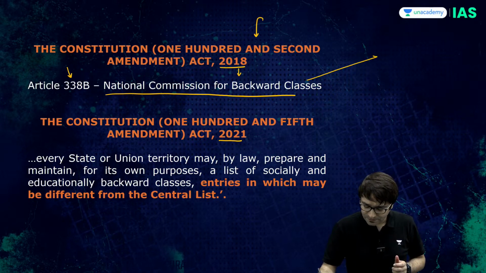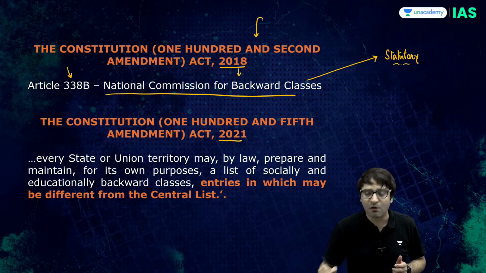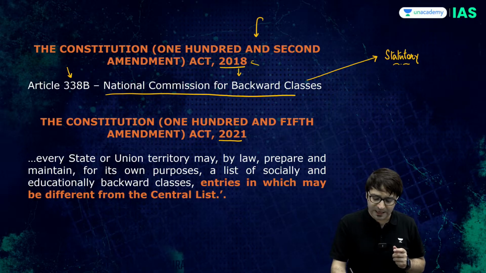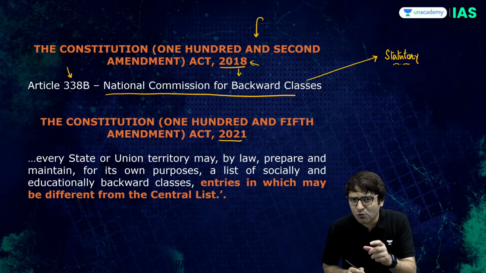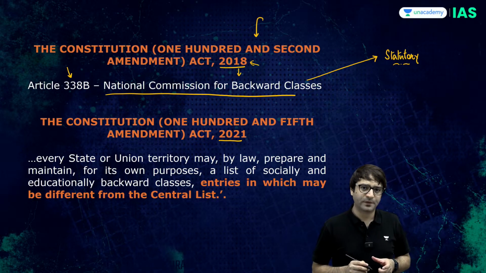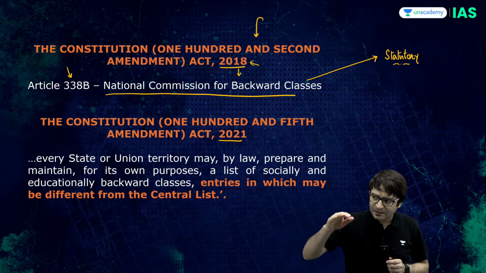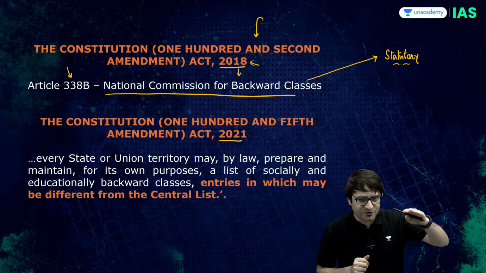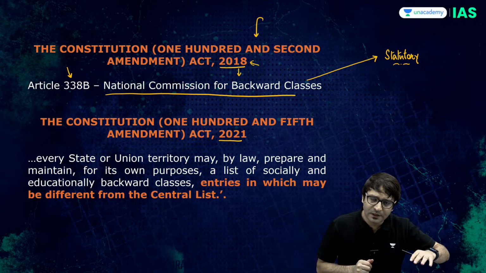Previously, this National Commission for Backward Classes was a statutory body. It was created by a parliamentary law, but then it was given a constitutional status in 2018. But then arose a controversy. We have a central list of scheduled castes and a central list of scheduled tribes.